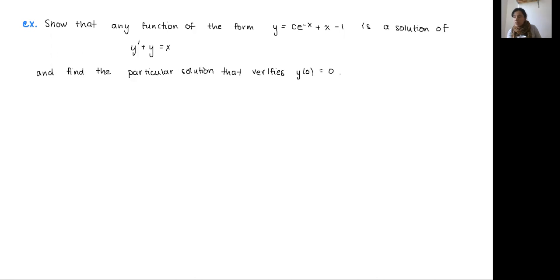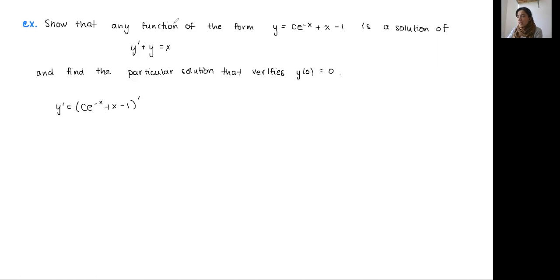All right, so maybe Obaida, what is the first thing that you think we should do for this type of problem? Well, I put y prime is equal to c times e to the power minus x plus x minus 1, all that prime.